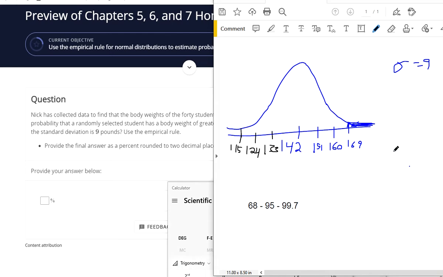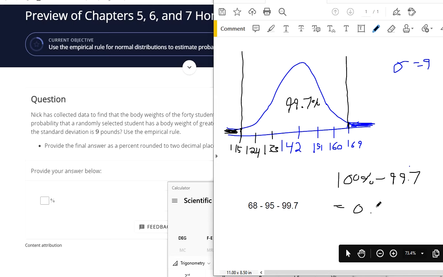Okay, so the empirical rule says that, look, we're 3 standard deviations away, 3 standard deviations away. That means 99.7% of our data are between these 2 markers, because those are 3 standard deviations away from the mean. So if that's 99.7, then what we have left over in these tails is everything except for 99.7, because it should all add up to 100%.